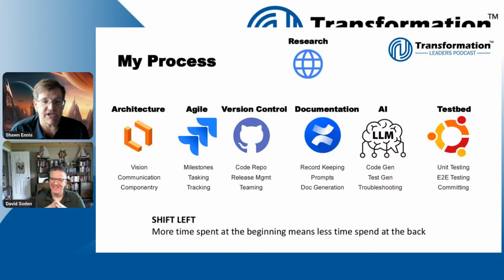I talk a lot about shifting left in your processes. If you are spending all your time trying to figure out where the weird colon or semicolon is in the code, you're spending a lot of time for very little value. Where if you move left and then you look at a problem, understand the architecture, create those milestones, right?